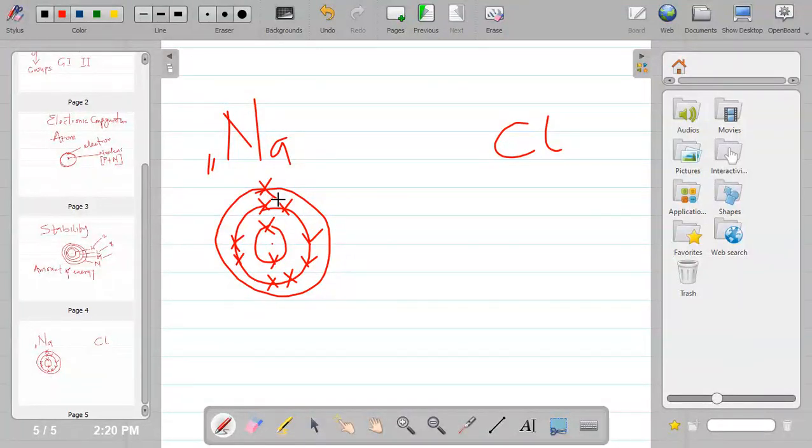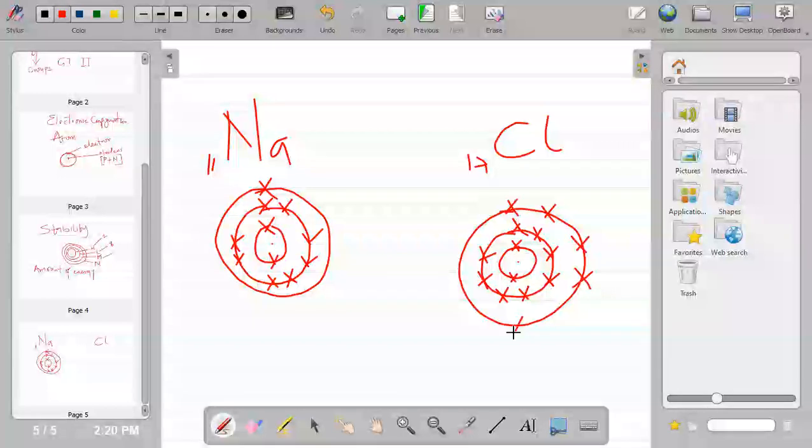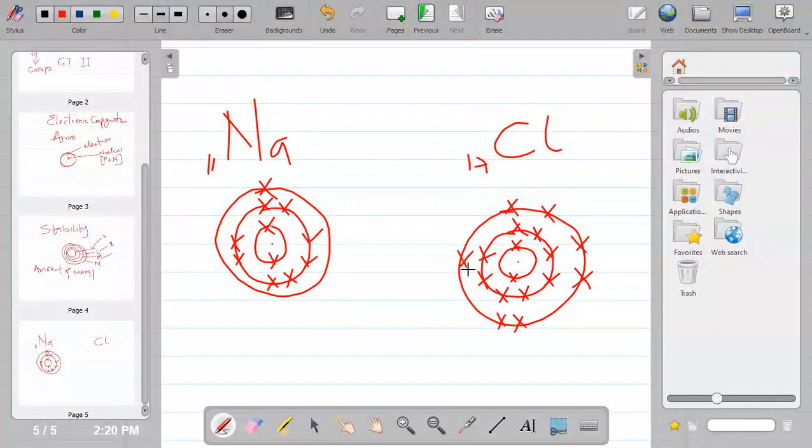In the case of chlorine, we have it as an electronegative element, which has an atomic number of 17. So we have around its nucleus 1, 2, then 1, 2, 3, 4, 5, 6, 7, 8, and lastly, we have 1, 2, 3, 4, 5, 6, 7. This we have 2, 8, 1.